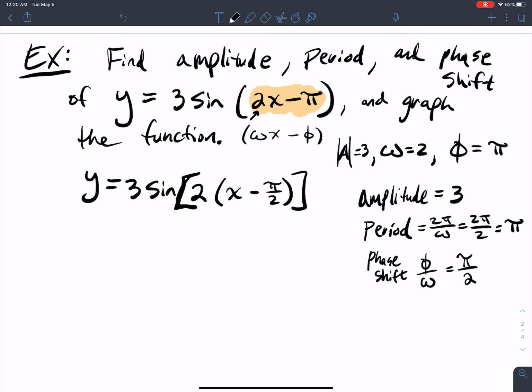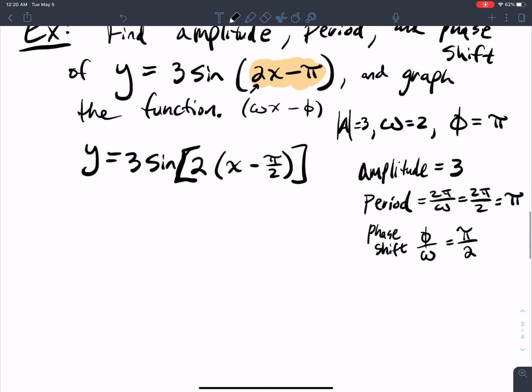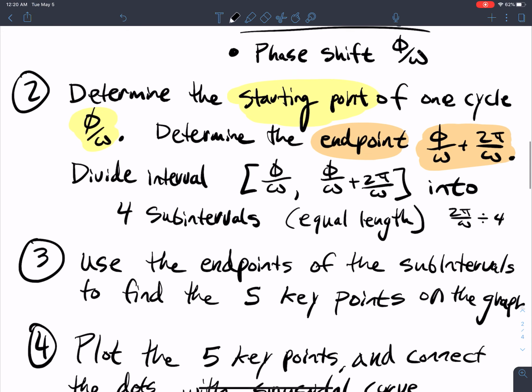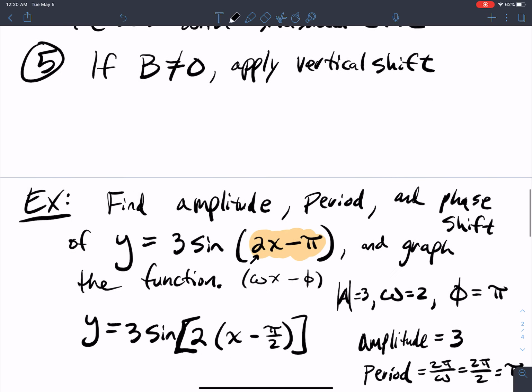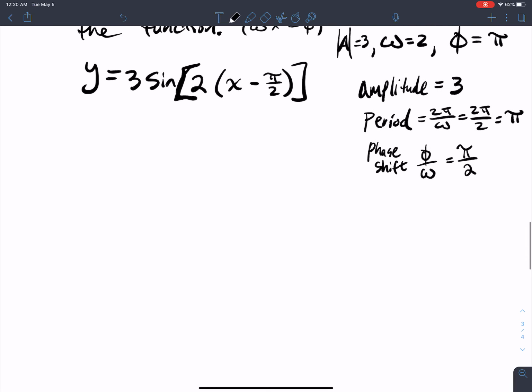So the second part, what does it tell me to do? I'm going to take the starting point of the cycle and the ending point of the cycle. So the starting point of the cycle is pi over 2.